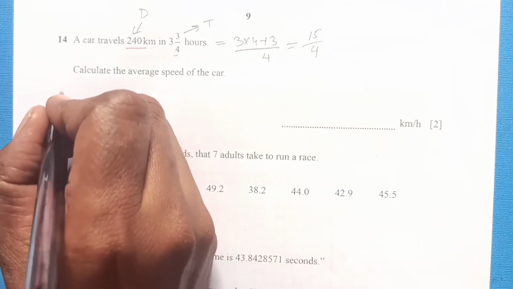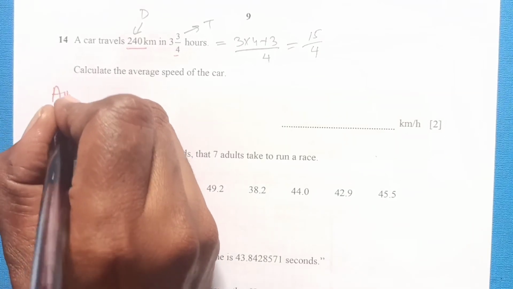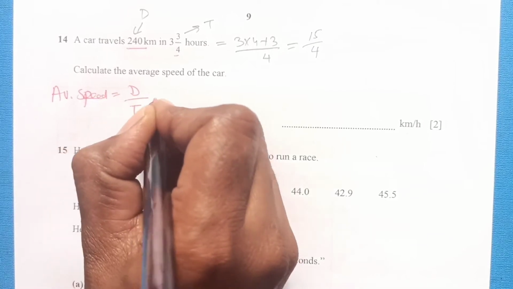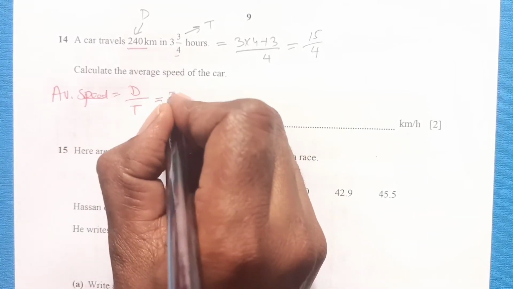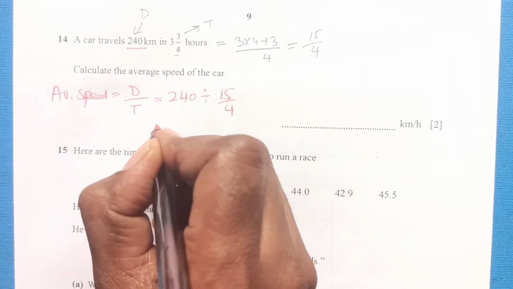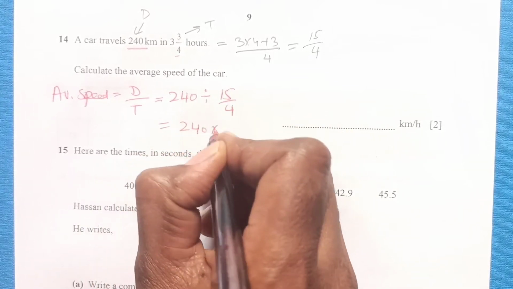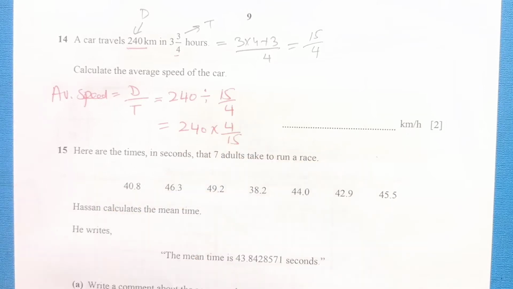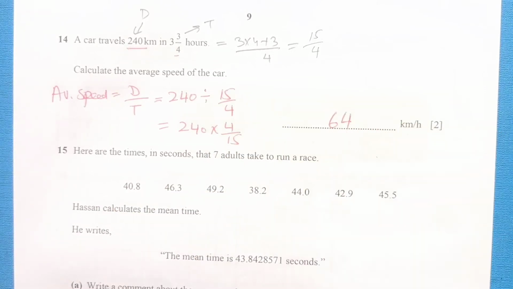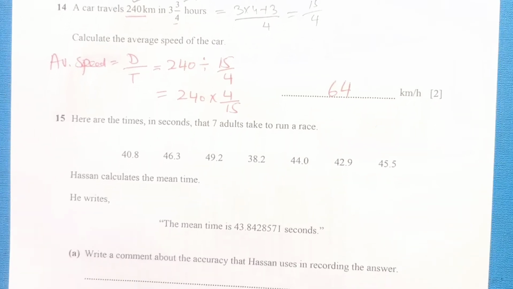As you know, the formula of average speed is distance over time. So distance is 240 divided by 15 over 4. So this will be 240 times 4 over 15. When you calculate, this comes to 64 kilometers per hour.